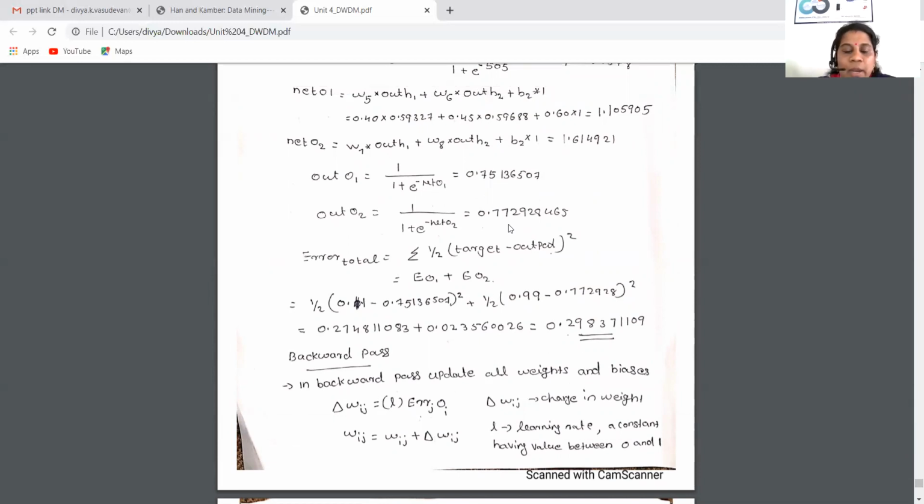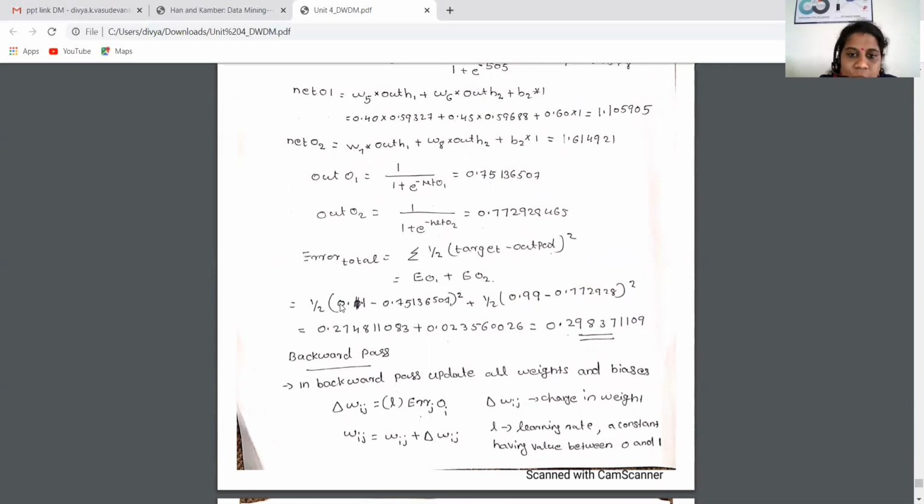Now calculate the total error. Error total is equal to sigma of 1 by 2 times (target minus output) squared. So 1 by 2 into, we have two outputs, O1 and O2.